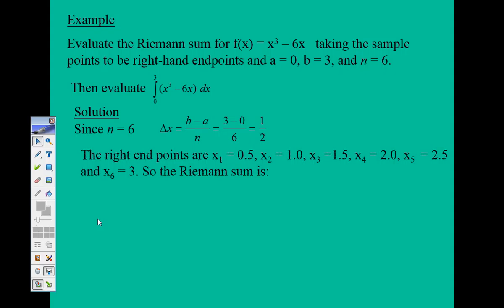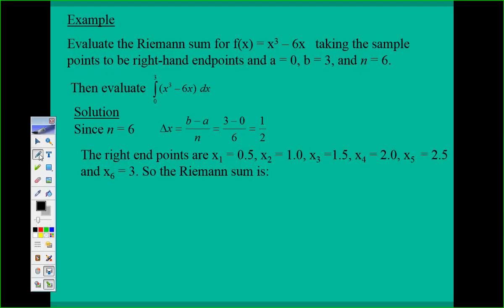Now the right endpoints, if we're using the right side of the rectangle, these are the points we're going to be using. So let's say this is our curve, and we're going from 0 to 3.